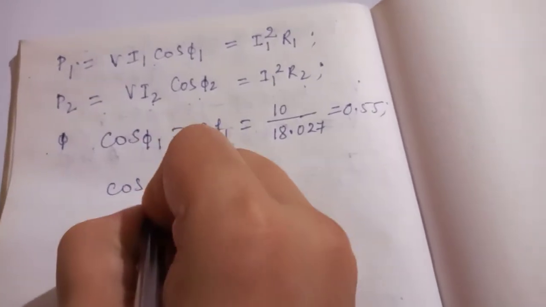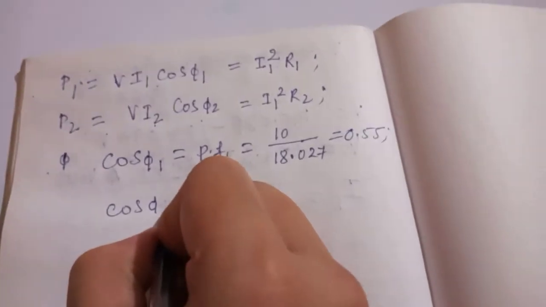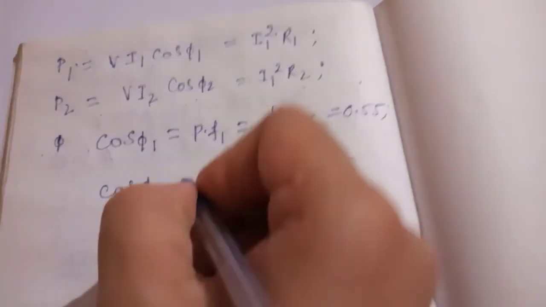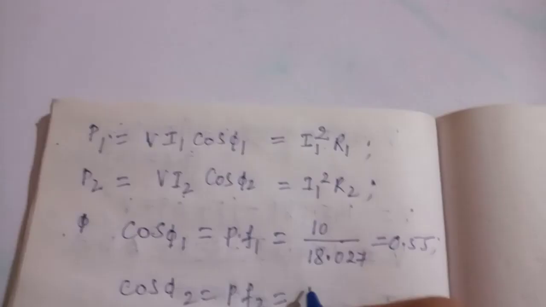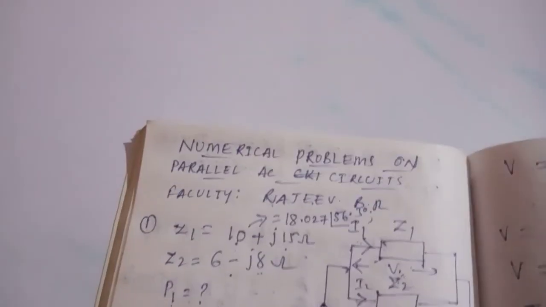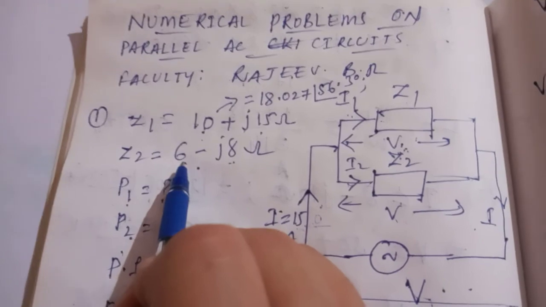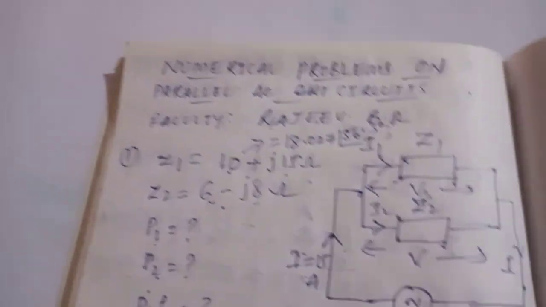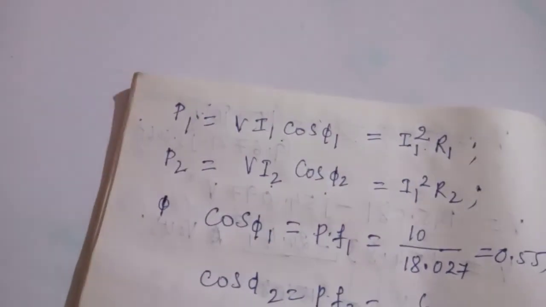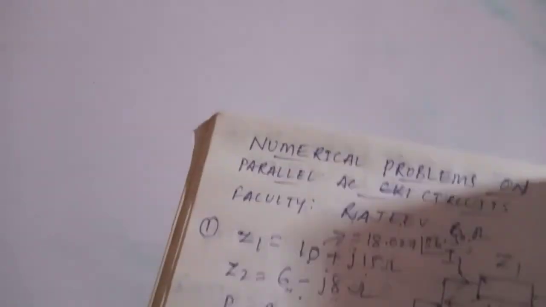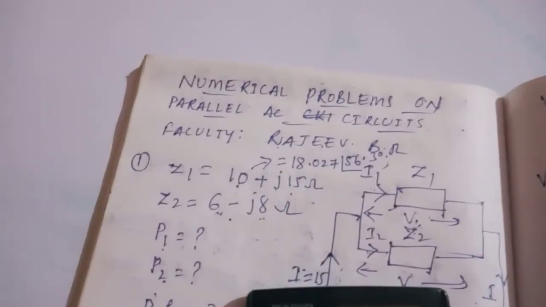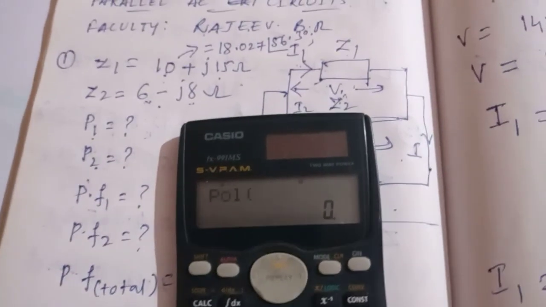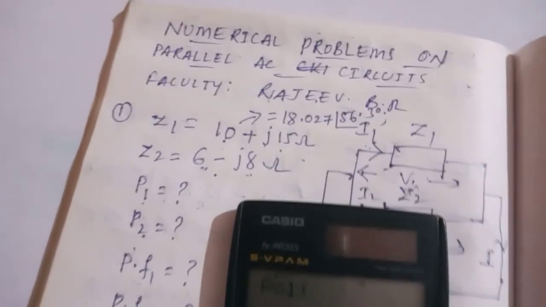Next, the second circuit. Cos phi 2, PF2, is equal to R of the second circuit, which is 6, divided by the magnitude of Z2. What is the magnitude of Z2? Again you go to polar form of 6 comma minus 8.